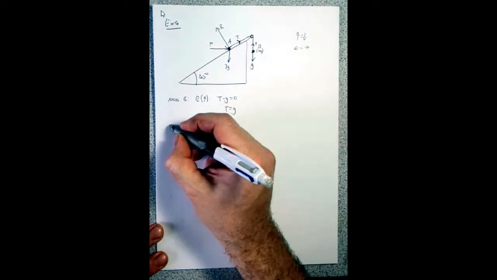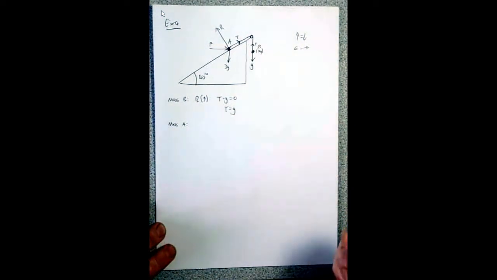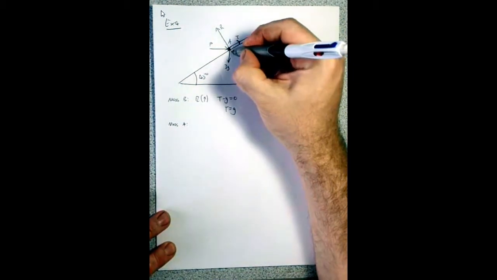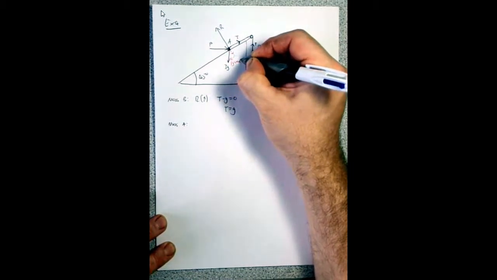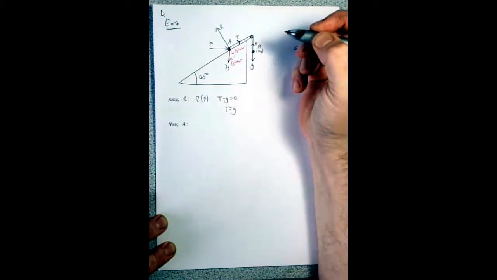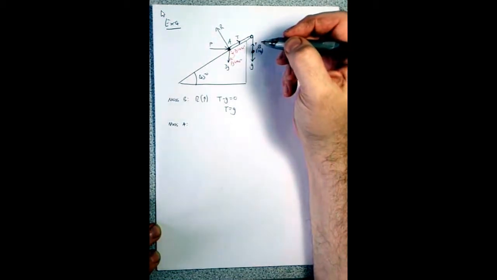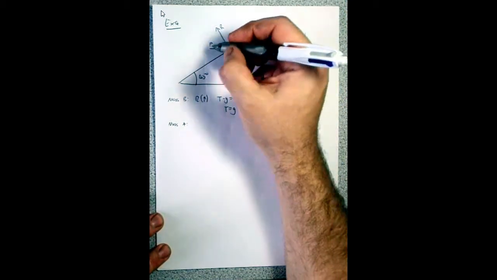So if I consider mass A, I can now resolve in both directions. First of all, I've got to decompose the weight: 3g sine 45, 3g cos 45, and sine 45 and cos 45 is 1 over root 2.